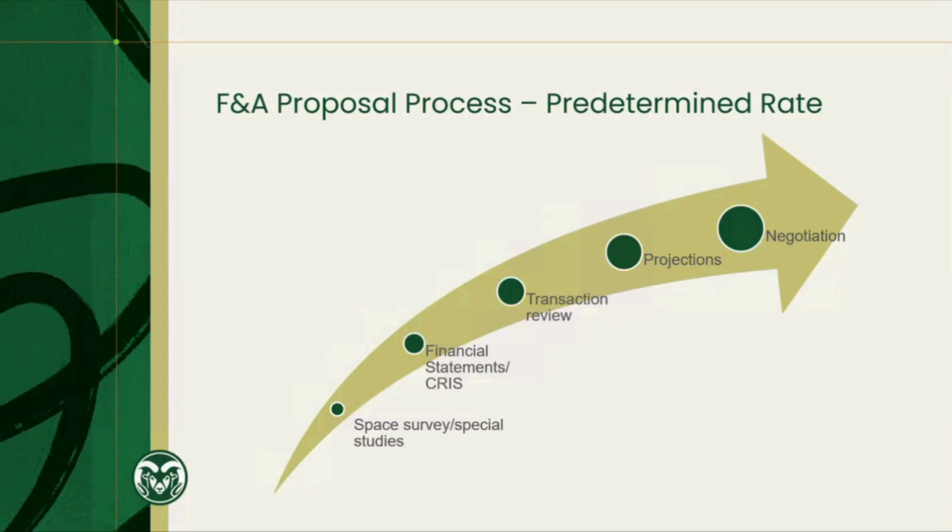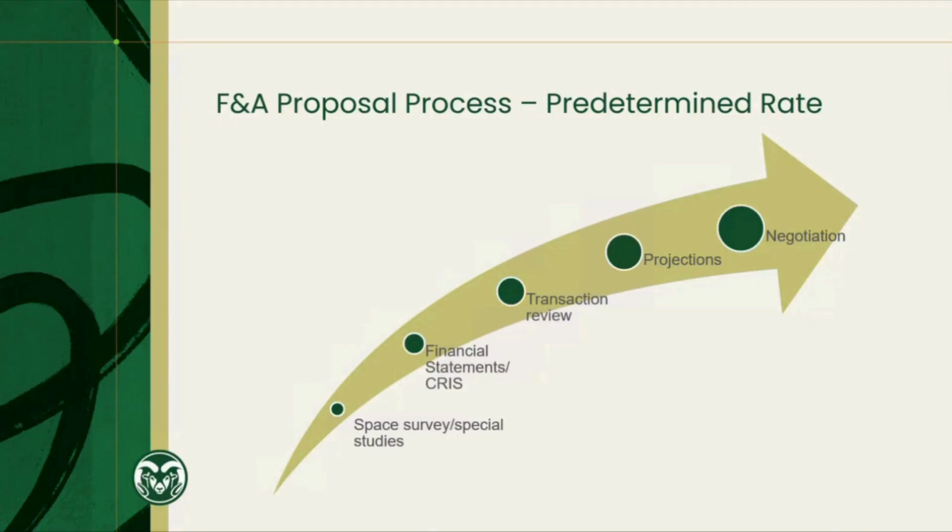which is part of the complexity of the process, in that you create these proposals using their rules, using your actual financial information. You create a rate, and then it's subject to, hey, as a federal negotiator, I'm not going to let you be the highest university in my geographical area, for instance.